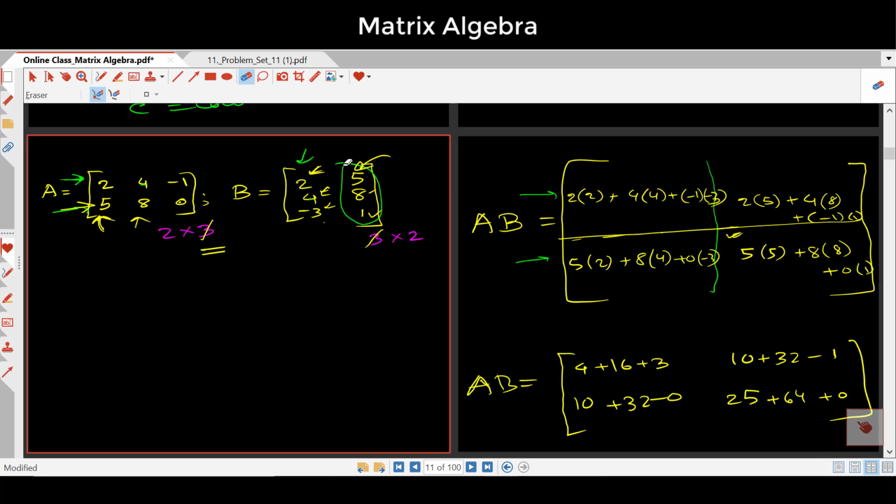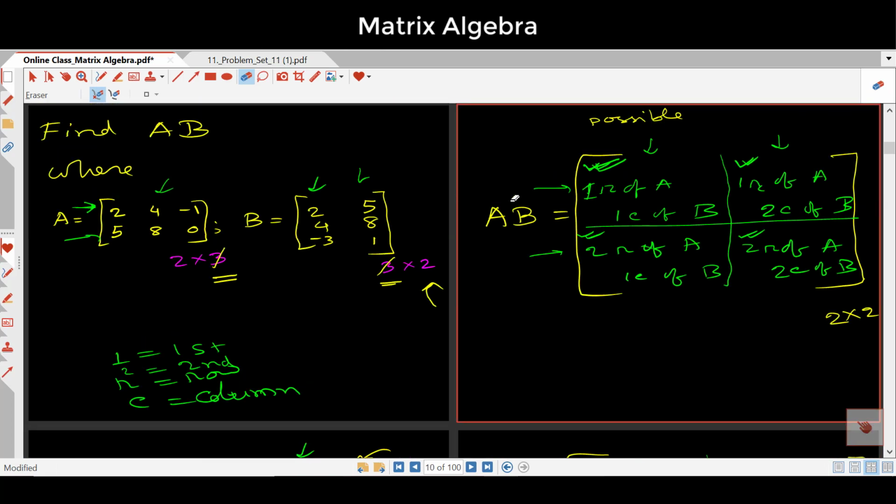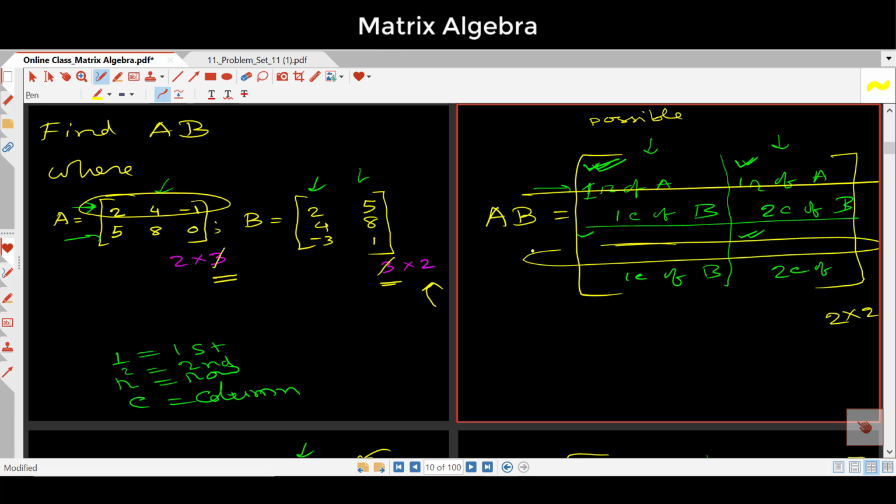So you have to think this way. First of all, you have to do calculations for the first row of A, and below you have to do calculations for the second row of A. This is how you have to go on.